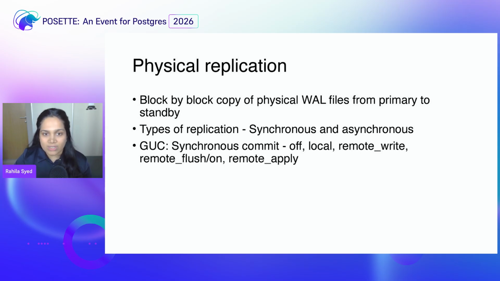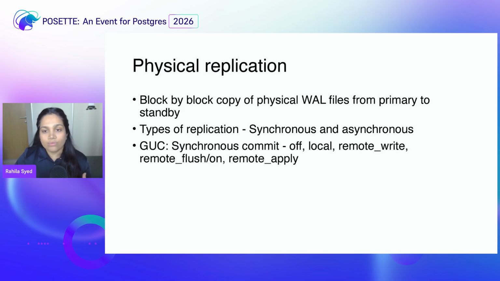Master commits its transaction and gives confirmation to the user without waiting for the transaction to be locally flushed to disk as well. So there can be a delay between sending a response to the user that the transaction has been committed and when the transaction actually is made durable. This can be done for performance reasons.